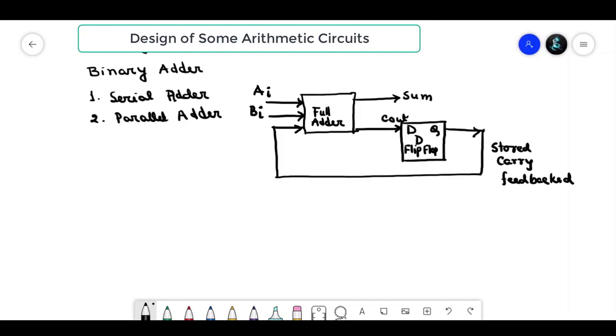A serial adder performs the addition of two binary numbers serially, bit by bit, starting from the LSB, as I have already mentioned. Remember, the addition will be done bit by bit starting from the LSB.